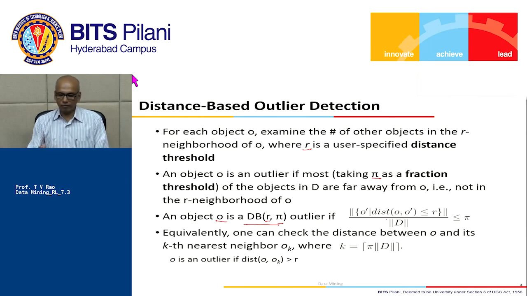Then the kth neighborhood is equivalent to essentially R, if we say that the kth neighbor is at least R distance away. So it is an alternative way of expressing it. Then k represents the same fraction, pi, multiplied by the total count of the objects in the domain.